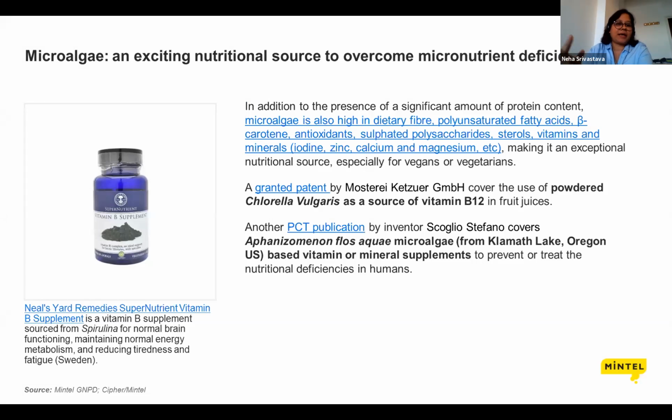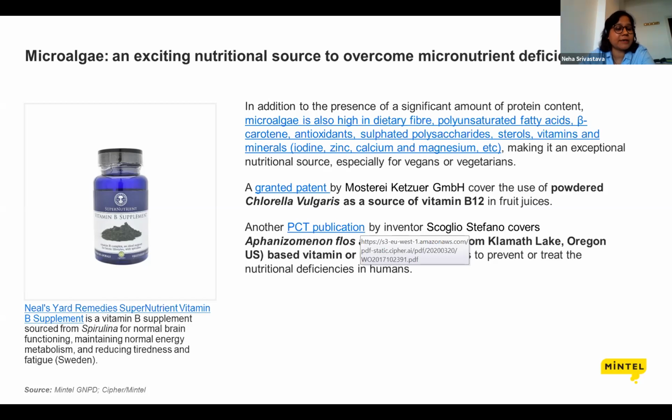Algae is also an exciting source of other nutrients like vitamins and minerals, and can be helpful in overcoming malnutrition, which is a global issue nowadays. So inventors across the world are identifying different varieties of microalgae that can be used to produce different types of vitamins and nutrients as supplements.